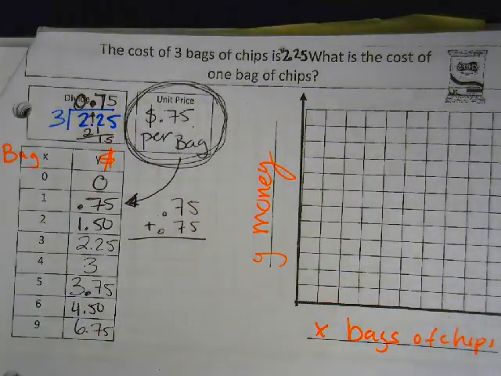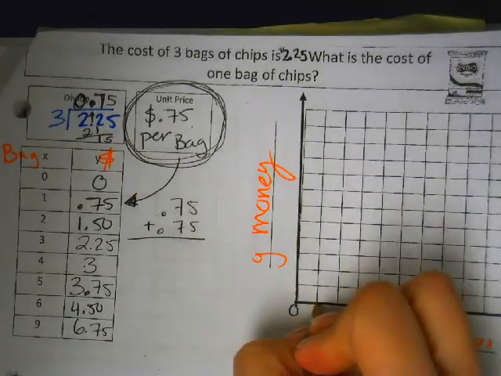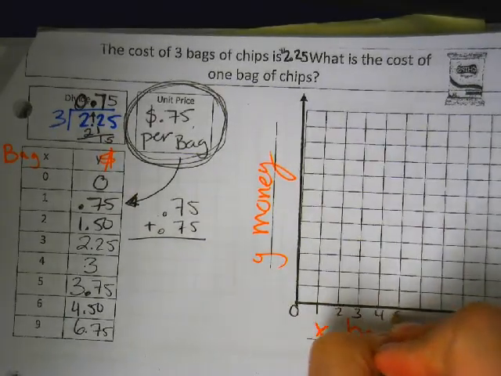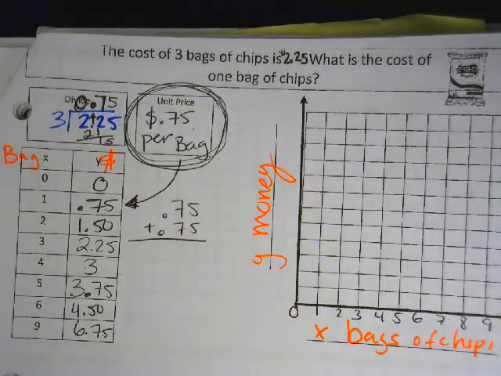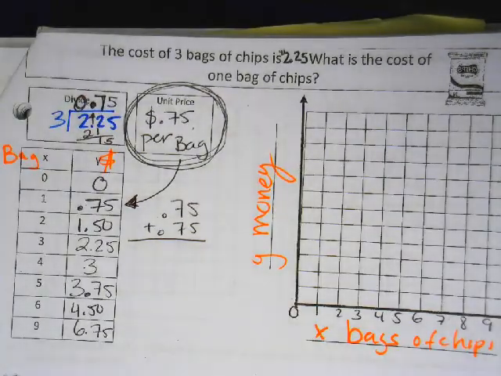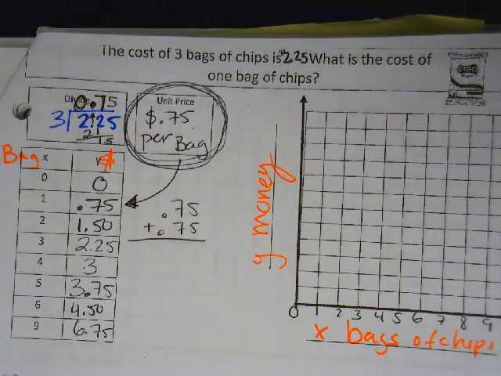All right, so 0, origin, 1, 2, 3, 4, 5, 6, 7, 8, 9. What am I going to go up on my y's? 75. If you have full control, 75. Sometimes you don't have full control. Sometimes this is already done for you. They'll go 1, 2, 3, 4.